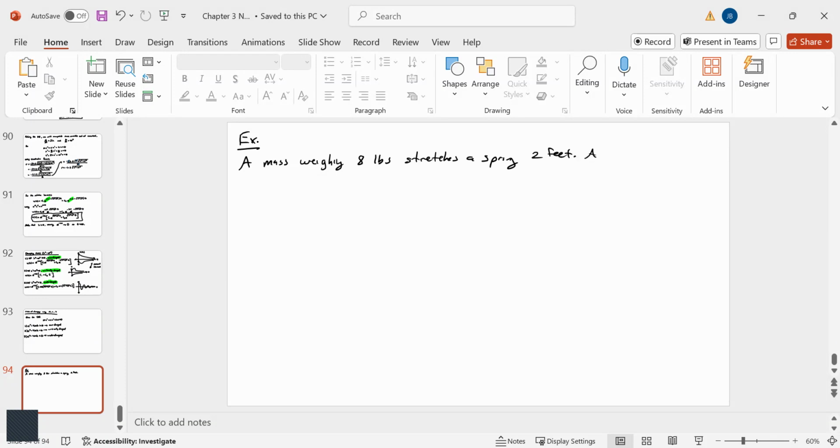Assume a damping force. So this is how you're going to know what damping is. Assume a damping force is equal to twice the velocity.